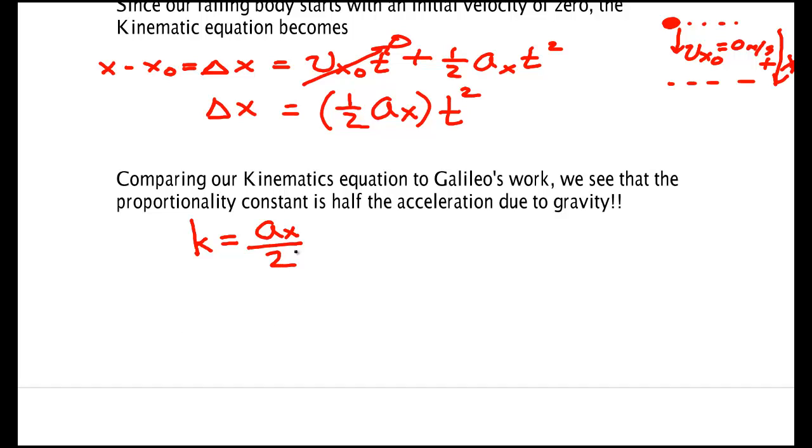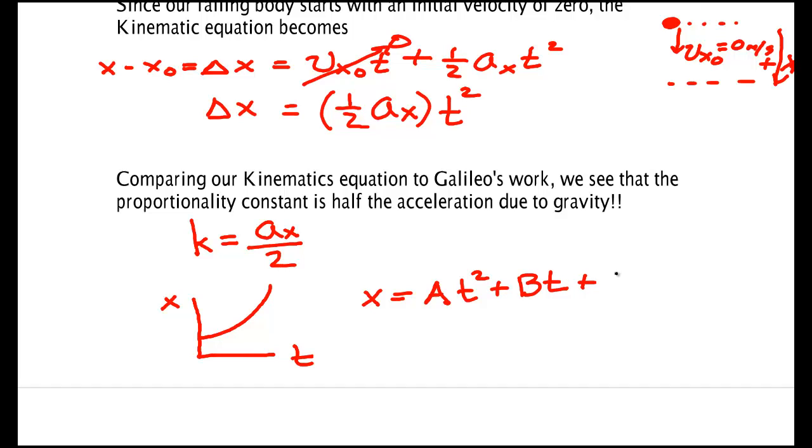I remind you of a couple of useful things in general about kinematic equations. If you're doing kinematics on a position time graph, in general, you have something like this, a parabola, and you can describe that by some a times t squared plus some b times t plus some c. That constant there is x naught, the initial position based on your coordinate system.